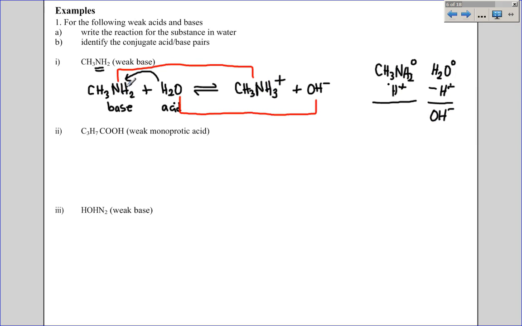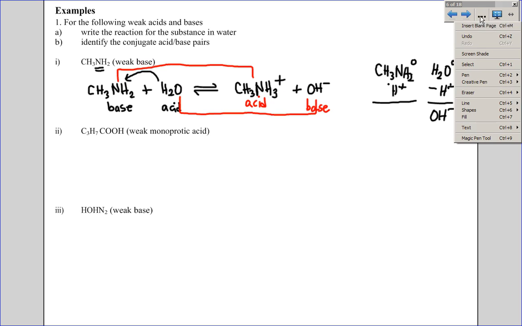In the pair, the amine is behaving as a base because it has the ability to accept protons. The ion is the opposite, the acid, because it has the ability to donate a proton. The water is my acid as the proton donor, and so the hydroxide is the base as the proton acceptor.